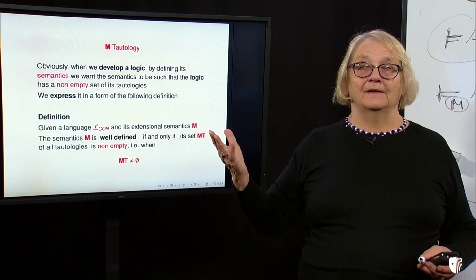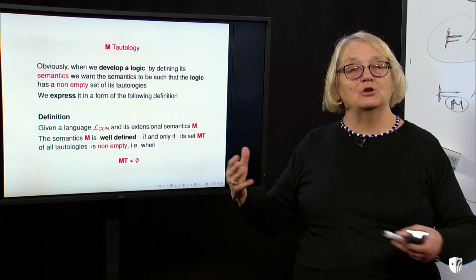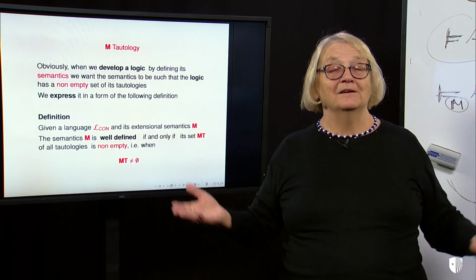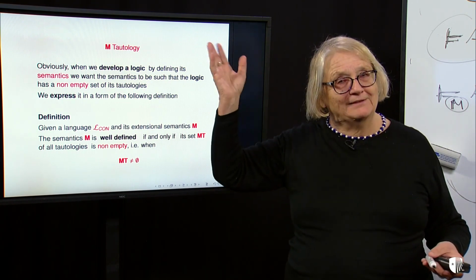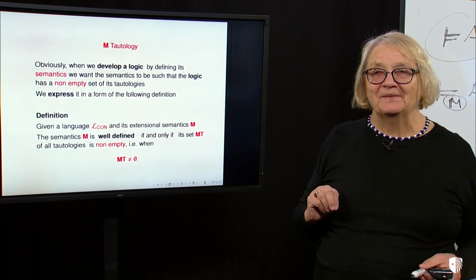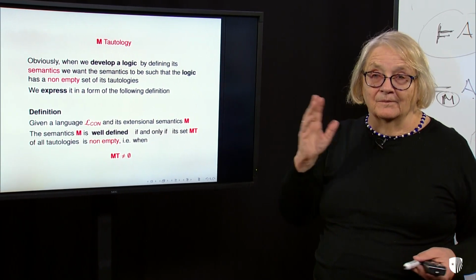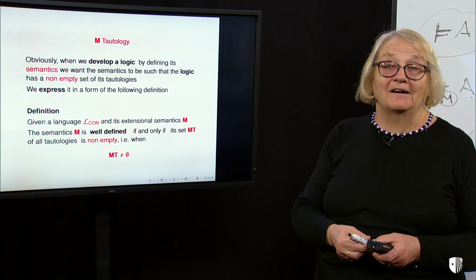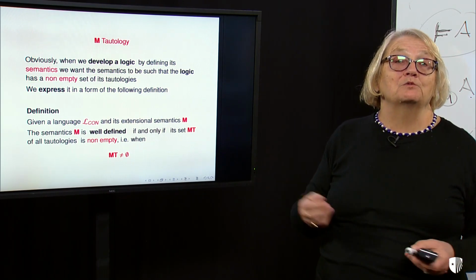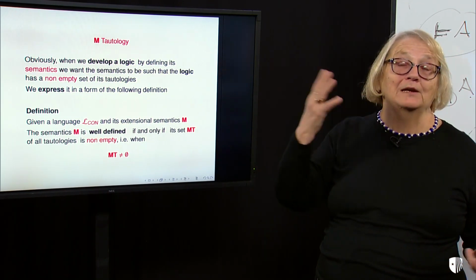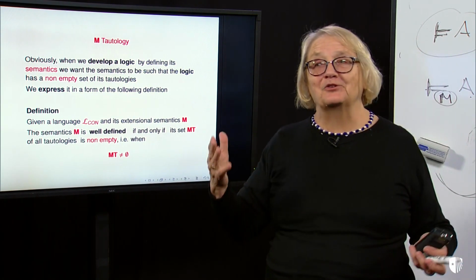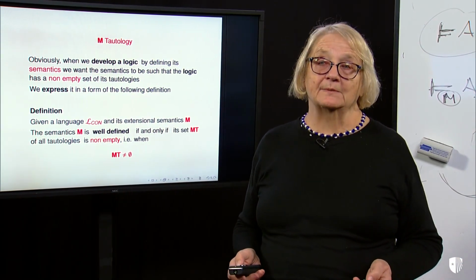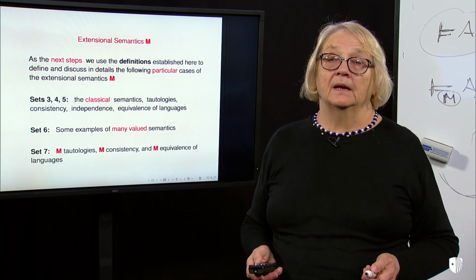And you will see that one of the three-valued logics which we will study, defined by Kleene, from Kleene star, one of the biggest logicians, has the set of tautologies empty. Still, it's called Kleene logic, but it's a special logic, and it's not really a well-defined semantics in our sense.